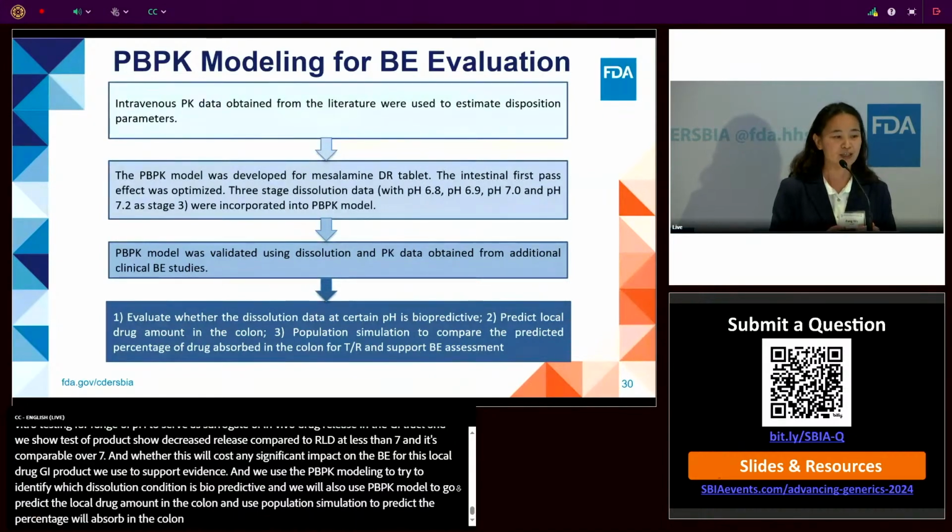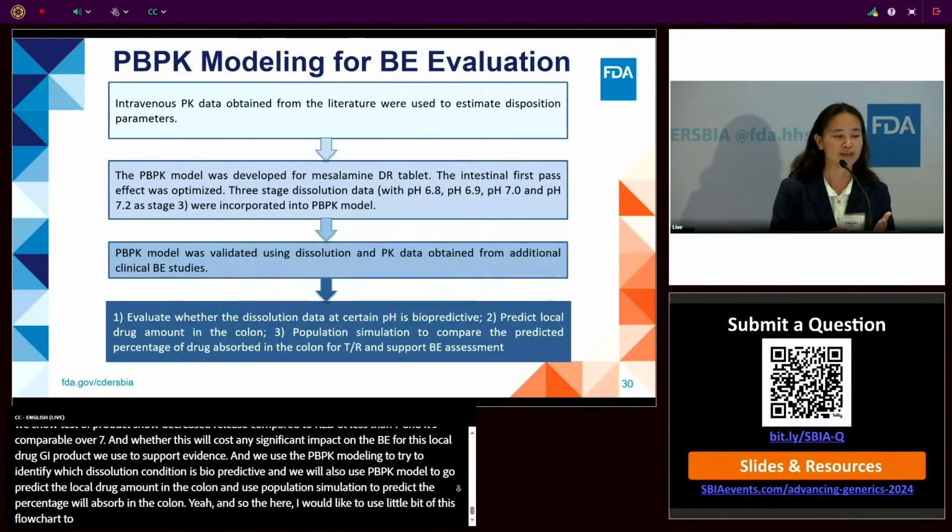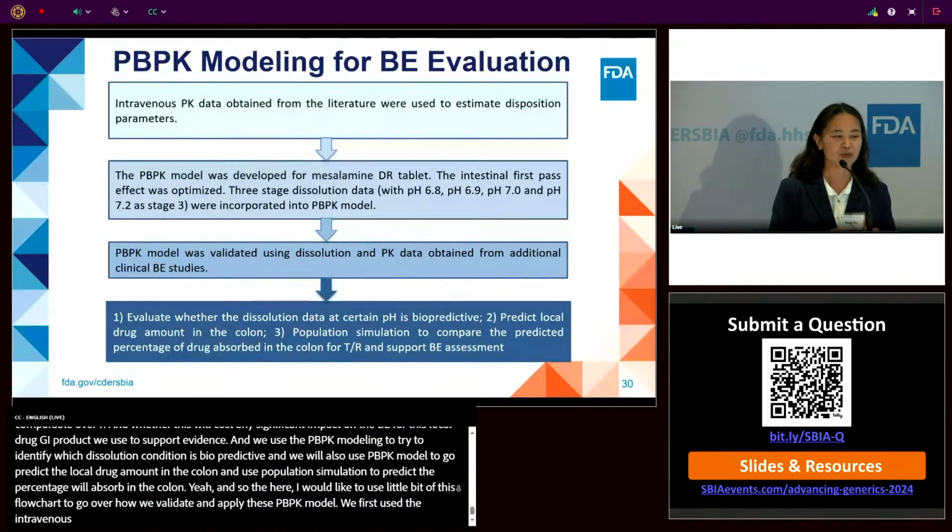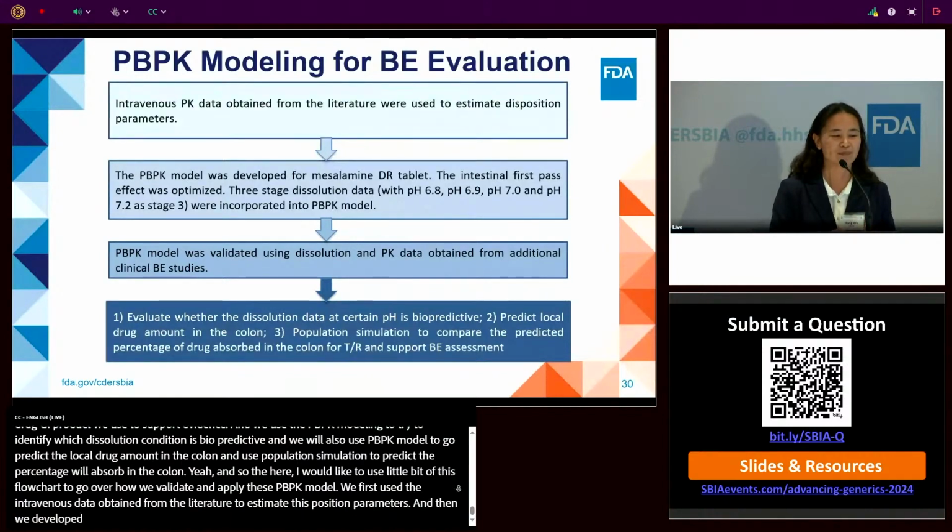So here I would like to use this flow chart to go over how we develop, validate, and apply this PBPK model. We first use the intravenous PK data obtained from the literature to estimate disposition parameters. Then we develop the PBPK model for the mesalamine DR tablet.